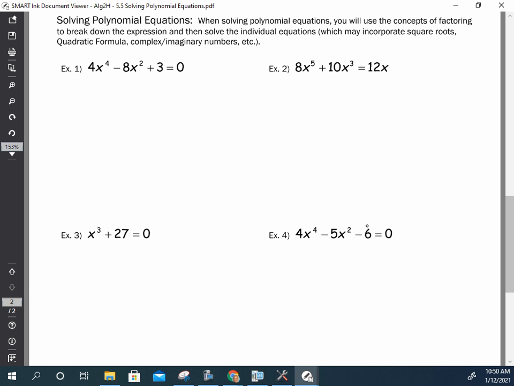So let me remind you briefly the steps for solving, and then we're going to get right into it. Step 1, get the equation equal to 0. That's first.